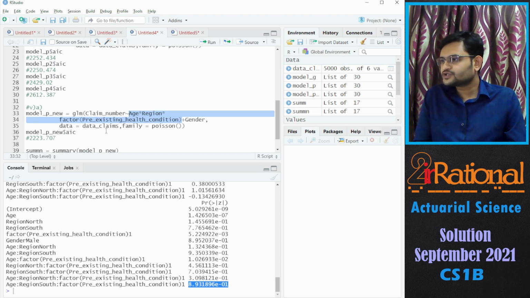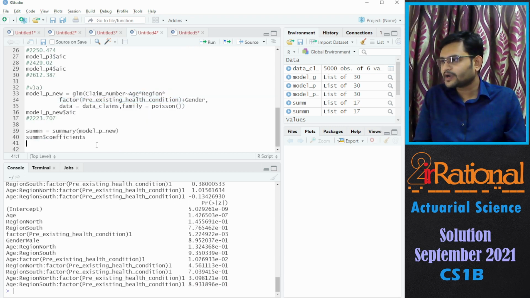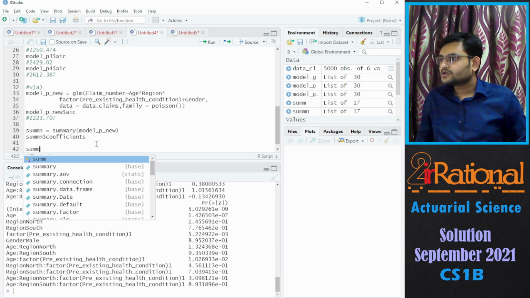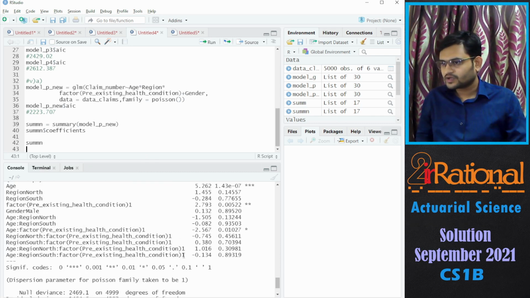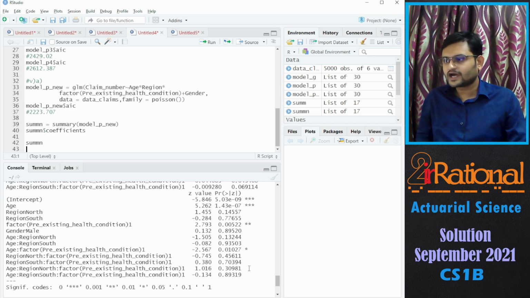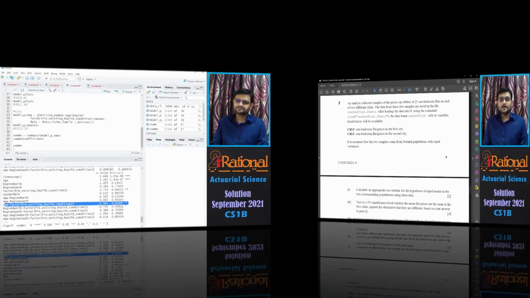If you just see the summary, it might be a little bit easier for us to write. I just take the summary of this. Here, just by looking at these stars, you can tell that none of them are significant except for this one, and this is also not very significant.